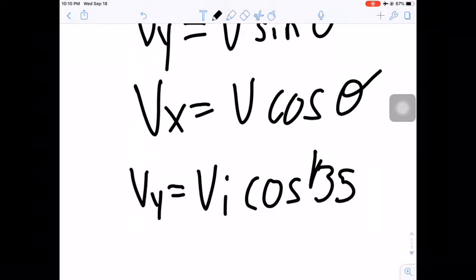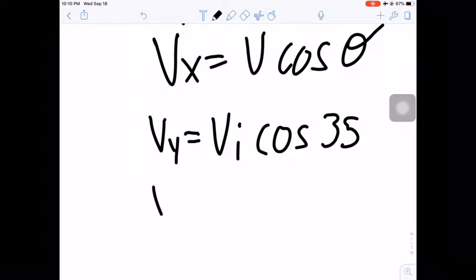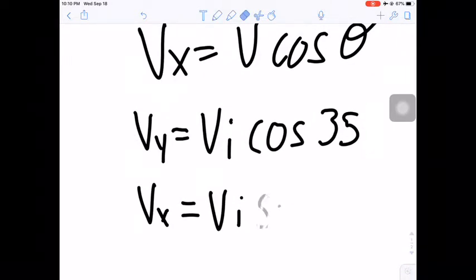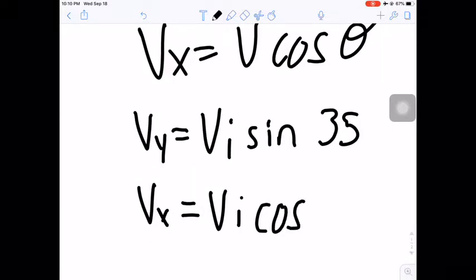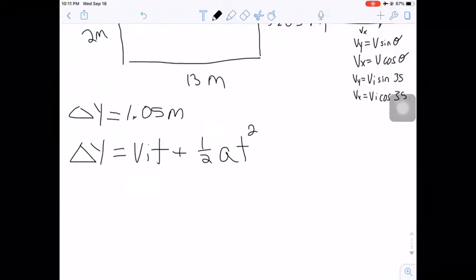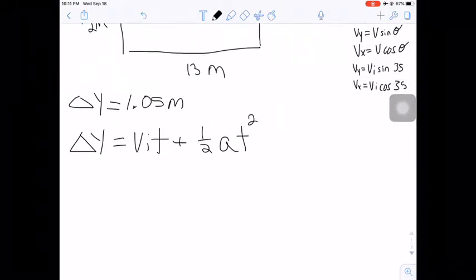Oh wait, I messed that up. Sorry. Vy is the initial velocity times sine, then Vx is the initial velocity times cosine 35. So now we can plug those in.